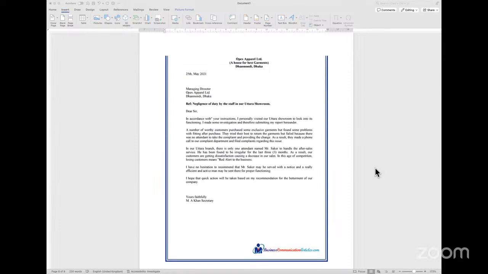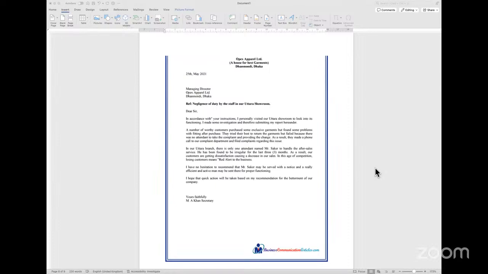And one of the key things in a report is that because you're reporting, it is an incident, something which has happened in the past, and you're going to write about it. So, you will always find that in a report, the date is definitely mentioned.